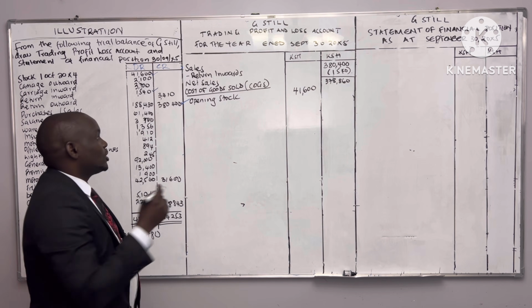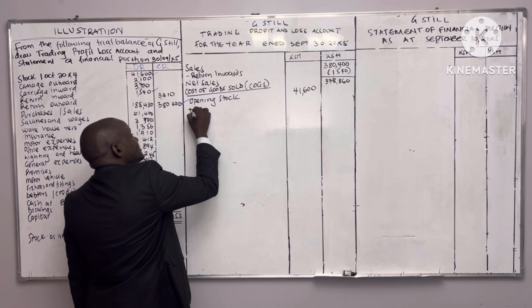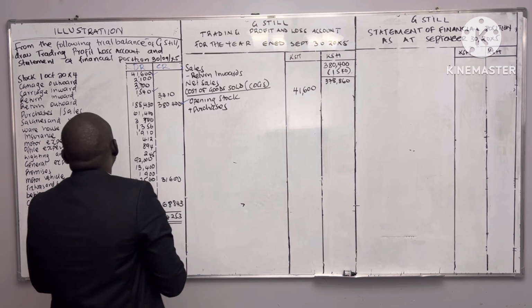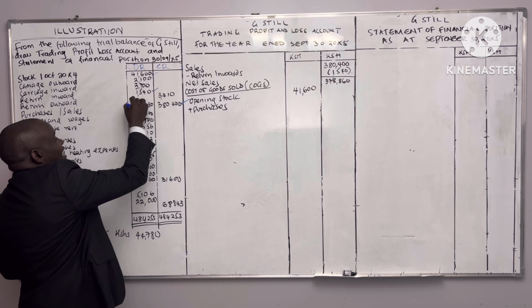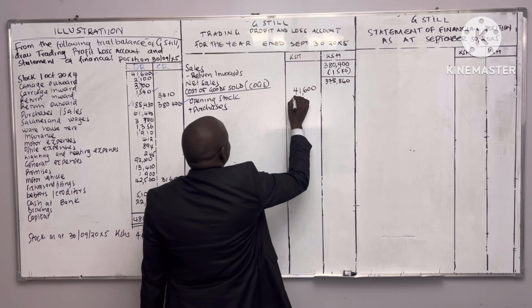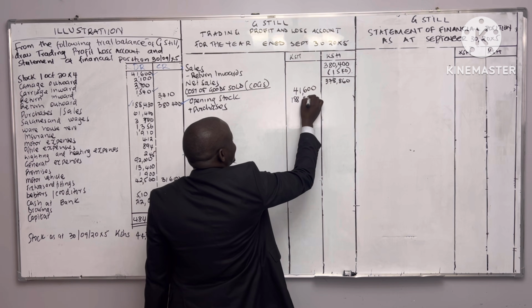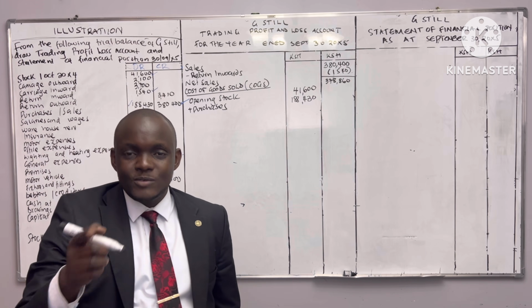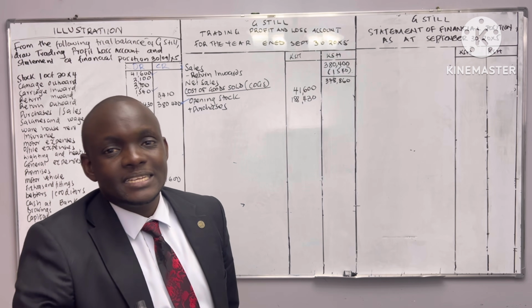When you have opening stock, we plus purchases. Purchases is those goods that we purchase, and they're usually written on the debit side, 188,430. Purchases are on the debit side because we are receiving stock, which is an asset we are debiting.